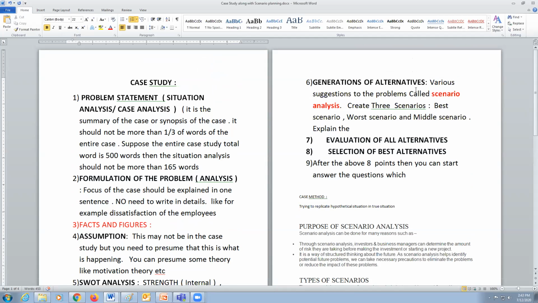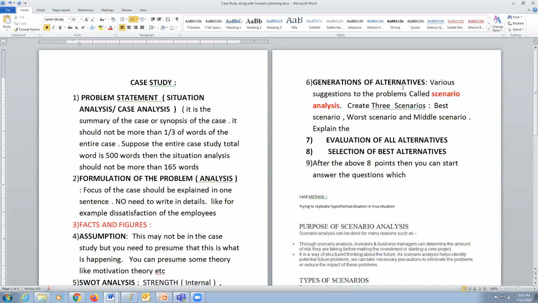Sixth, generation of alternatives. Alternatives meaning various suggestions to the problems, called scenario analysis. Meaning you are basically giving alternatives. For example, you have boarded the flight in Yangon, and when the flight took off from Yangon, you are supposed to go to Bangkok straight.